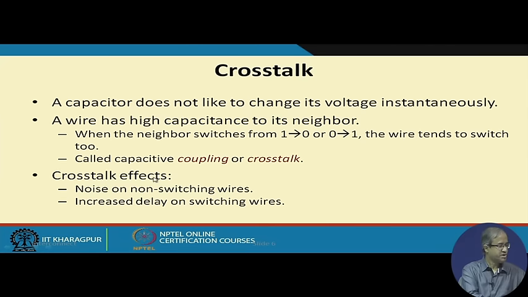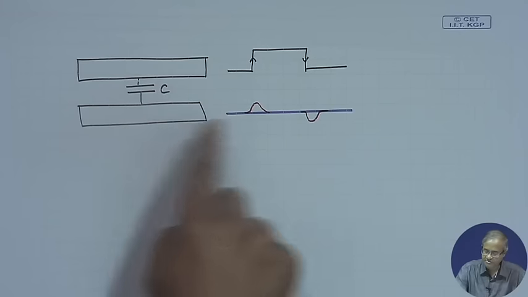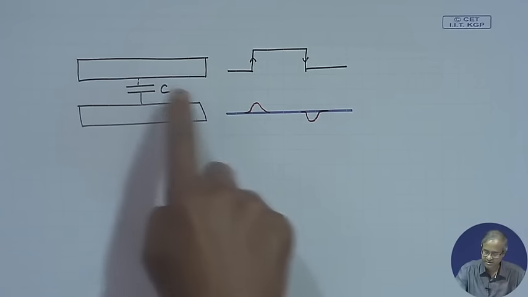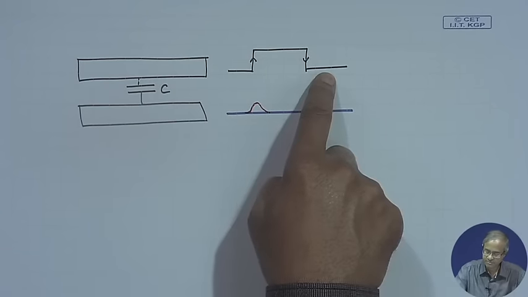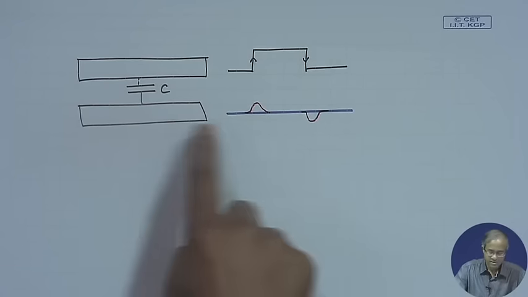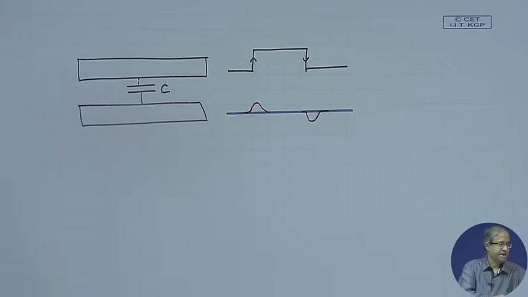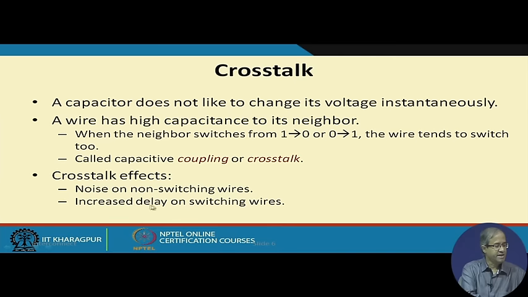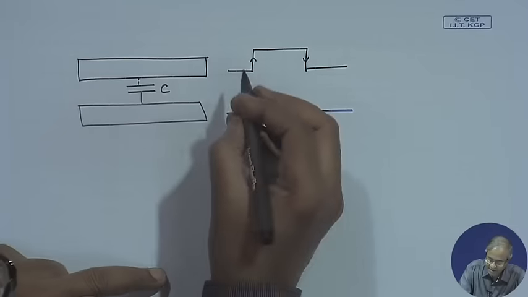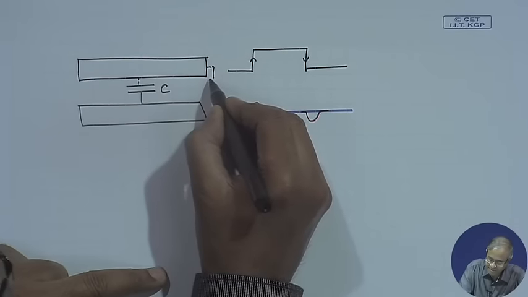Now, this crosstalk results in what? Noise on non-switching wires, like the example I have said. The second wire was not changing state, it was not switching, the first one was changing. So, some noise is induced on the non-switching wire, and secondly there can be increased delay on the switching wire. Why? Normally this interconnection wire was facing some capacitive load.